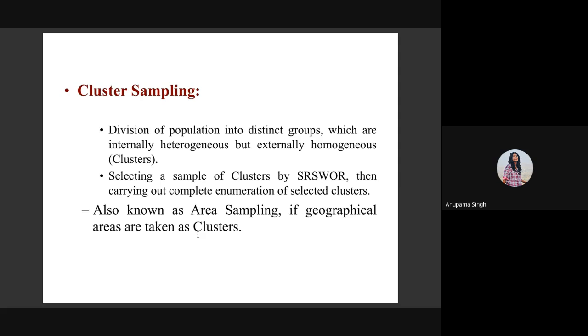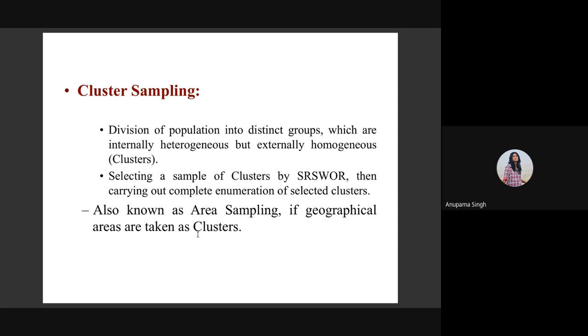If we want to take a sample from one field, we would want that particular area to contain all the heterogeneity, right? So in that we do not want the homogeneity, because we know that the land might be fertile at one place and might not be fertile at another place.